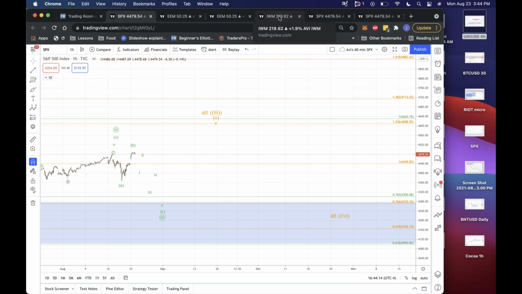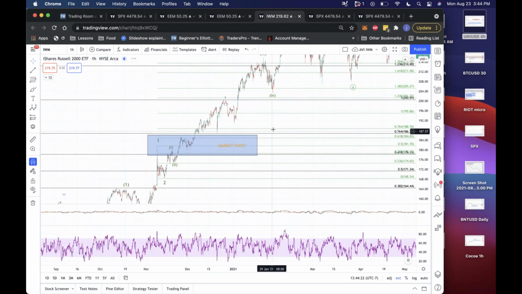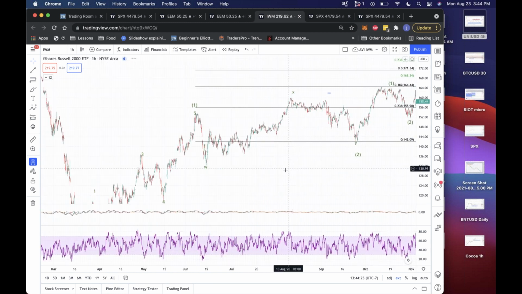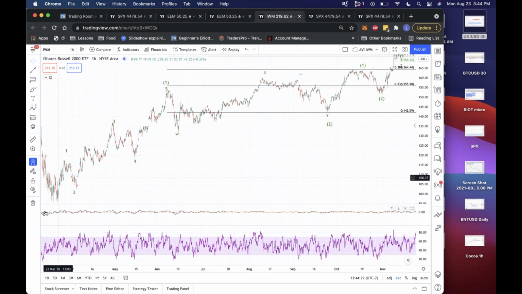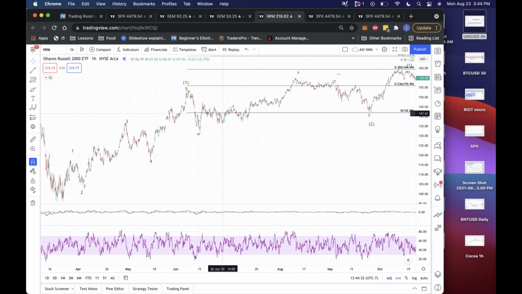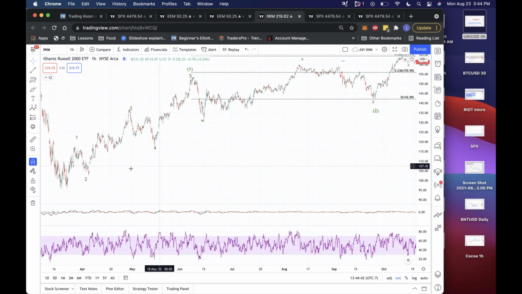We're going to move on from there to the IWM, and then we can take a look at questions. So in the IWM, I'll just go back to the beginning of March. We have a leading diagonal wave 1 here, and so that's still a 5-wave move, but rather than waves 1, 3, and 5 each being 5-wave moves in themselves, those are corrective 3-wave moves that form a bigger 5-wave pattern.